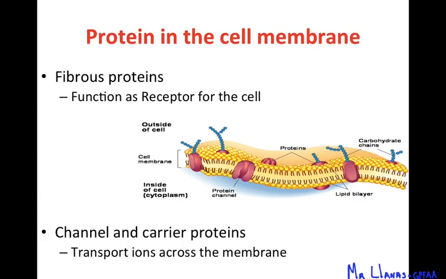Okay, or channel and pore proteins that transport ions across the membrane. Okay. And we'll see the difference in a minute, and I need you to watch the animation so that you can see how it's actually moving. Okay, but pore proteins actually let substances like water and amino acids go through there, while channel proteins carry in the ions and anything that has a charge into the membrane.